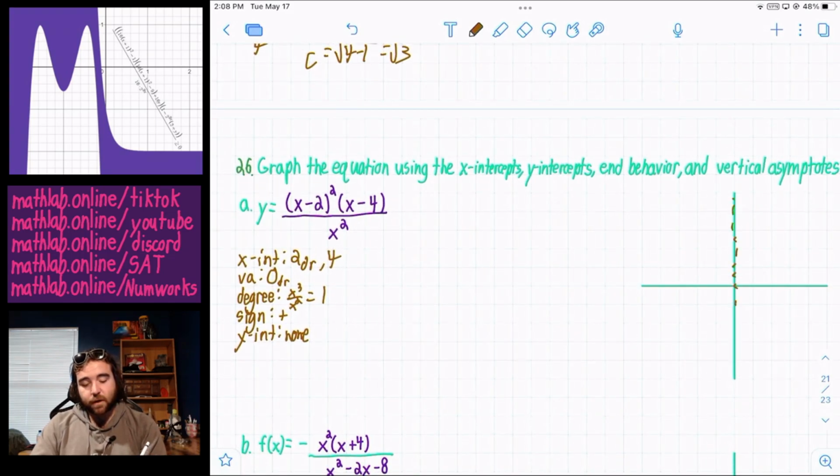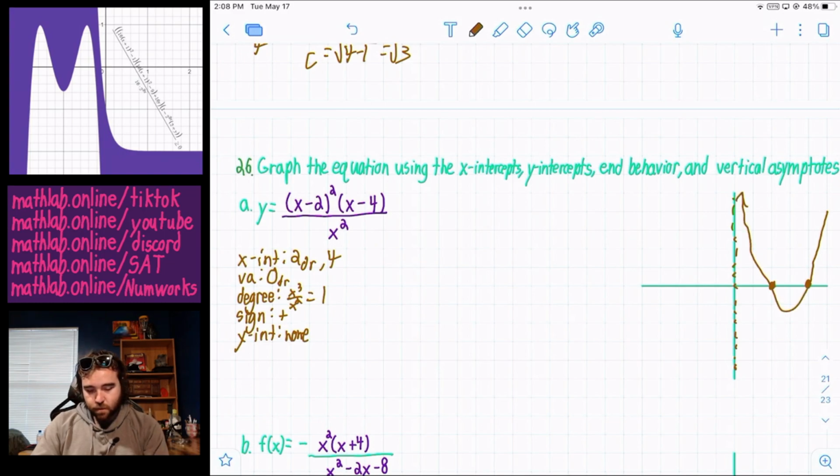So let's see, we got a vertical asymptote here. We've got an x-intercept here and here. It's positive, so we know we start up here. And we got a cross and we got a cross, so it's going to have to be something like that. And then, oh, that's not right, because we didn't mark the double root.